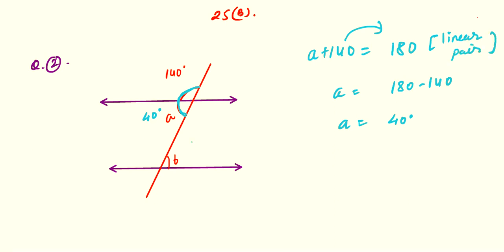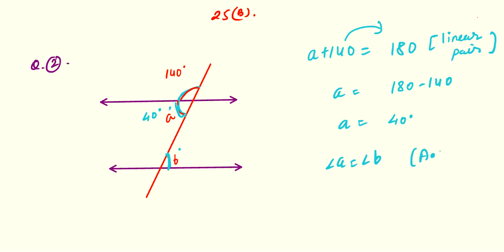Clear? Now there is a relation between angle A and angle B. The first thing is what? Both are interior angles. As you can see, both are in between these two lines. So both are interior angles. Now the other thing is what? Angle A and B, both are on opposite sides. So angle A will be equal to angle B. The reason is alternate interior angles.